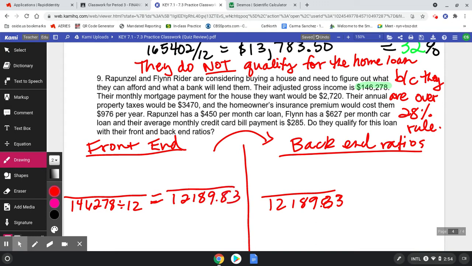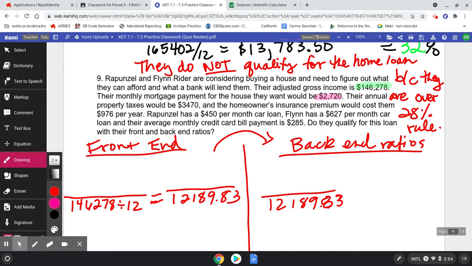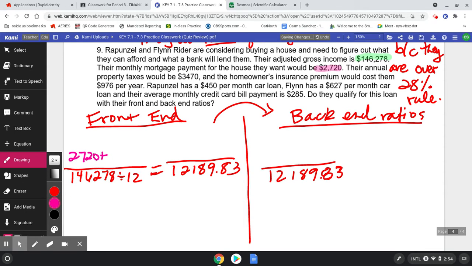And now we need to do the numerator, which takes a little bit more work. The numerator wants the housing expense. So I first look to see that there's a mortgage of $2,720, and that's already monthly, so I can just get that ready to add. But notice that the property taxes are annual.